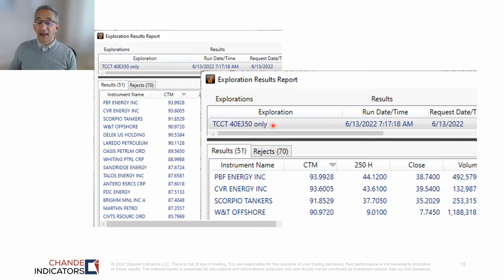We only used the bands, and 51 out of about 121 stocks in the energy sector were above the bands. And these are just additional statistics that we calculate for our reference. So the first two stocks, when I sorted by the Chande trend meter, were PBF, CVR, and Scorpio. So let's look at the charts for PBF Energy and Scorpio Tankers just to see what they look like and whether the scan itself makes sense.